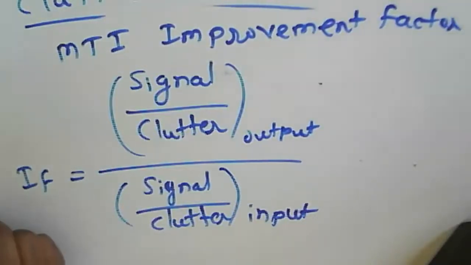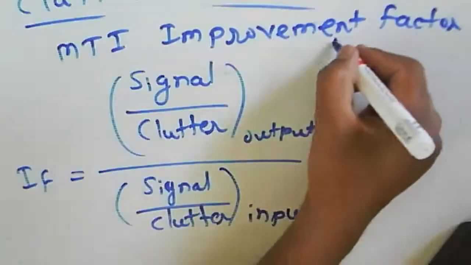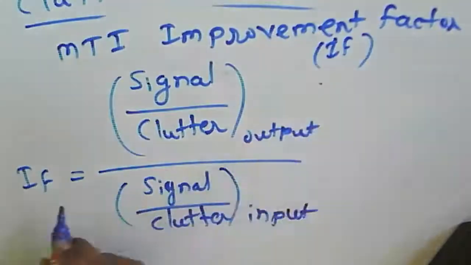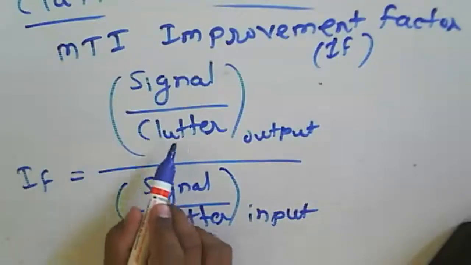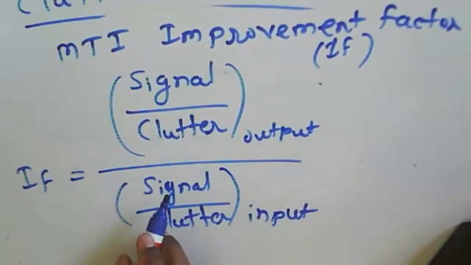And that will give you the MTI improvement factor, IF. Okay, this one is about the improvement factor, that is called IF. Improvement factor IF is equal to what? A signal to clutter output ratio with the signal to clutter ratio at the input of the clutter filter.